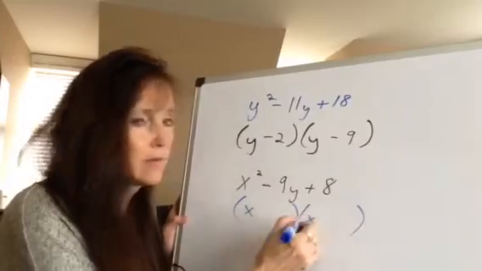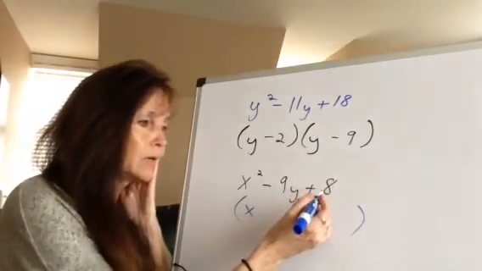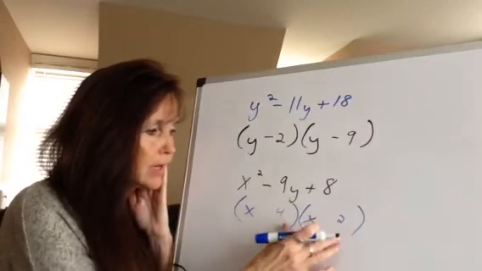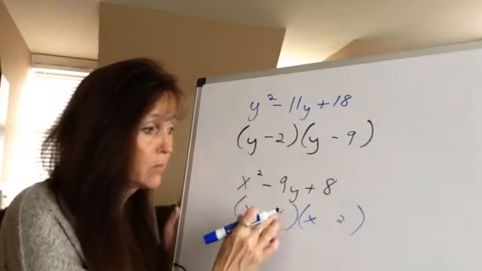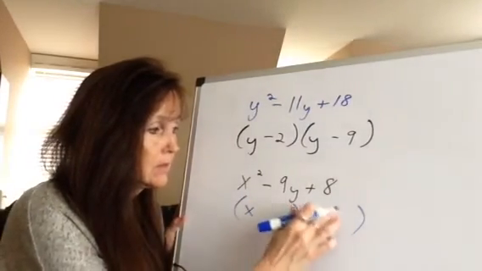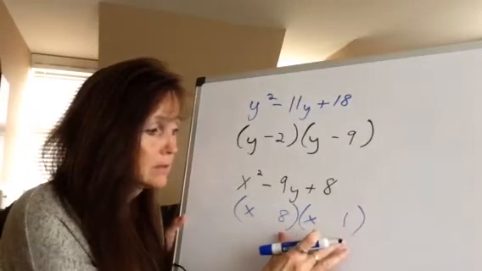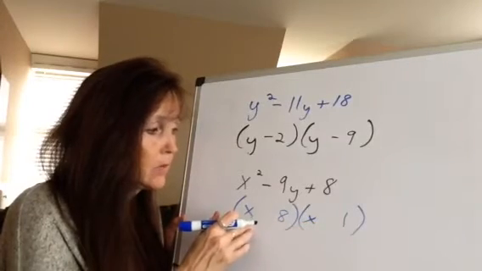X times x, obviously, to get your x squared. Alright, what times what to give you 8? Would you use 4 and 2 to be able to add up to 9? No. There's no way. The only other option you have is 8 times 1. That gives you 8. And then 8x and 1x give you 9x.